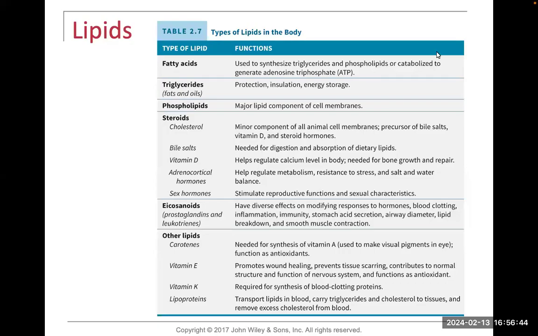Let's take a look at lipids. When we think of lipids, we think of fats, right? We use those terms interchangeably, but you'll see that lipids have different classifications. We have fatty acids, triglycerides, phospholipids, steroids, eicosanoids, and then other lipids.